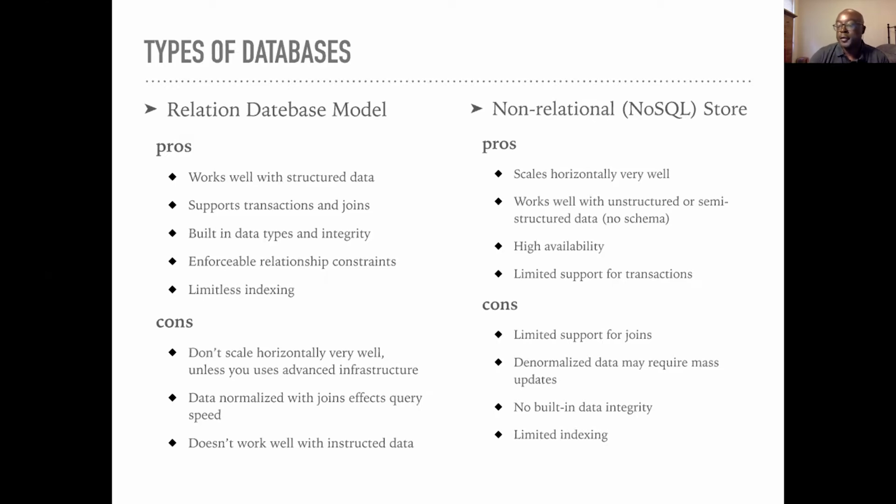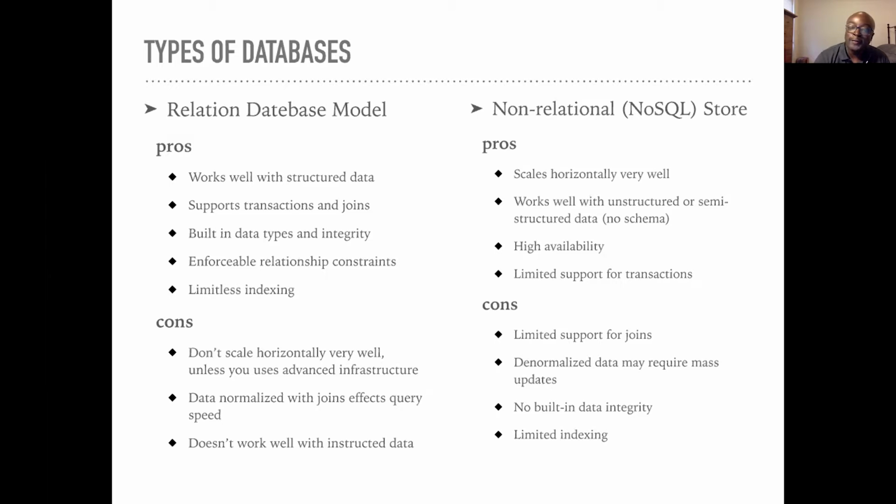NoSQL databases scale horizontally exceptionally well. And your data doesn't have to be in any particular schema. You can persist data in any structure you want on the fly. That might not always be the best thing, but you can do it.